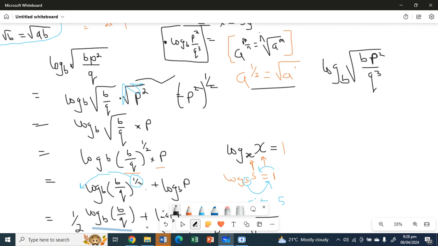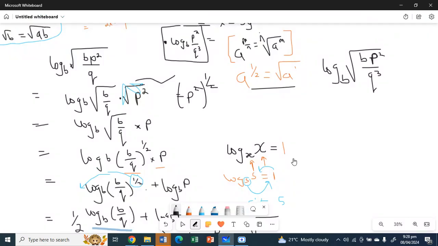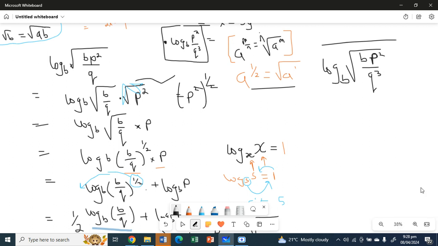Oh, you're not able to see the board? It's log b square root. Is everyone else able to see the board?